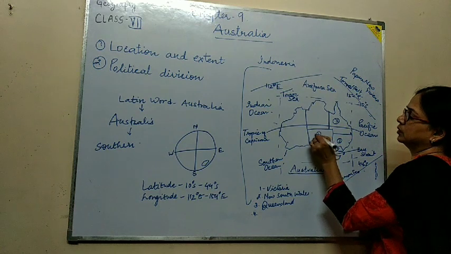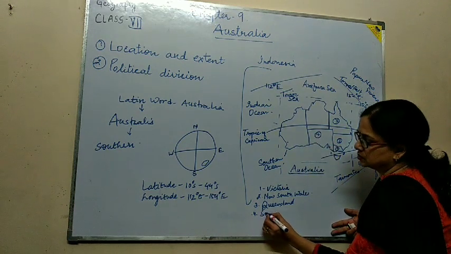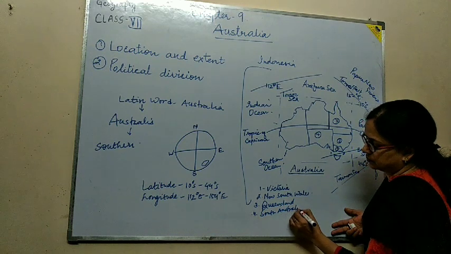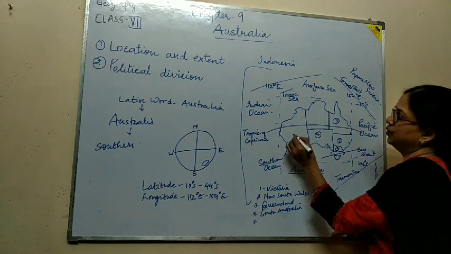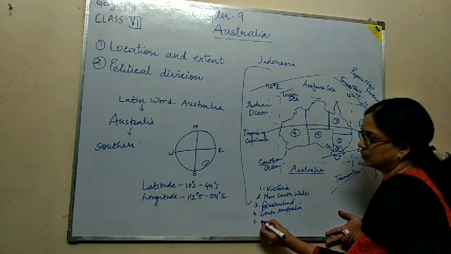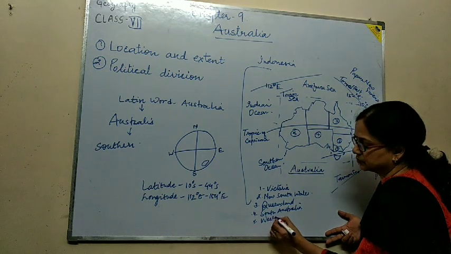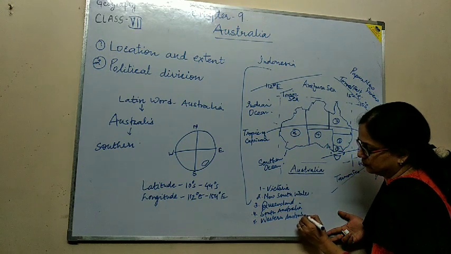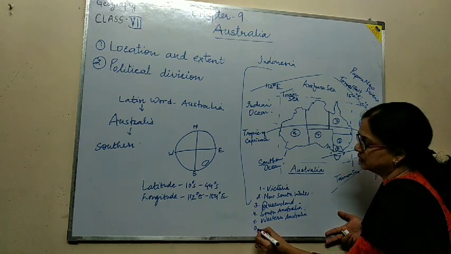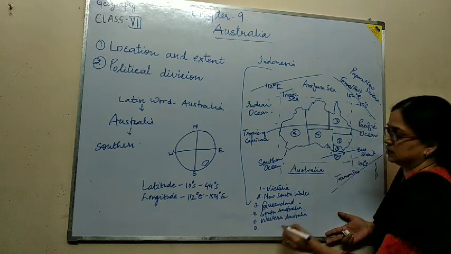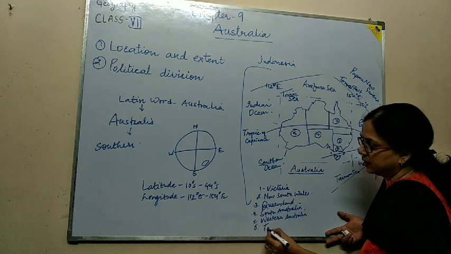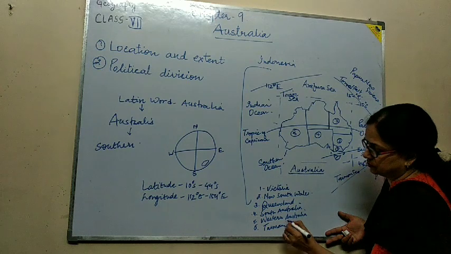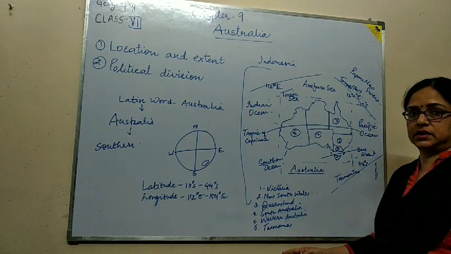Fourth, South Australia. Fifth, Western Australia. And the 6th one is Tasmania. These are the 6 states.